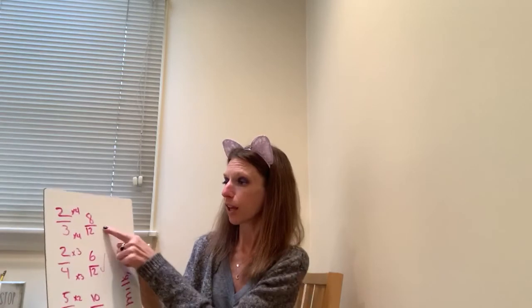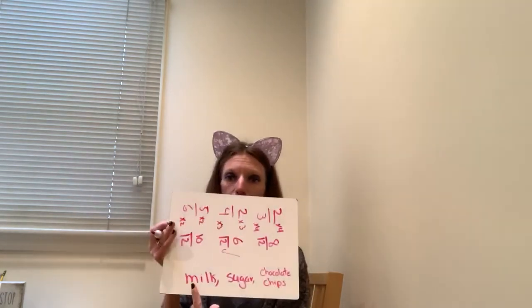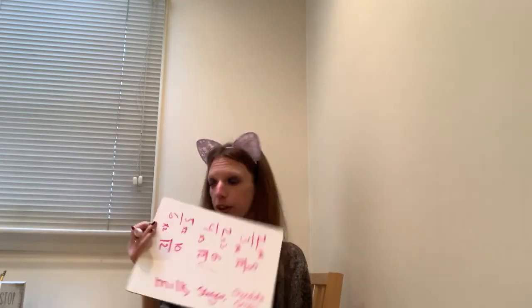All right, then comes the 8/12, which is the 2/3, and the 2/3 was the sugar. So I can write down the sugar, and then we know the last ingredient is the chocolate chips. So then we have milk, sugar, chocolate chips.